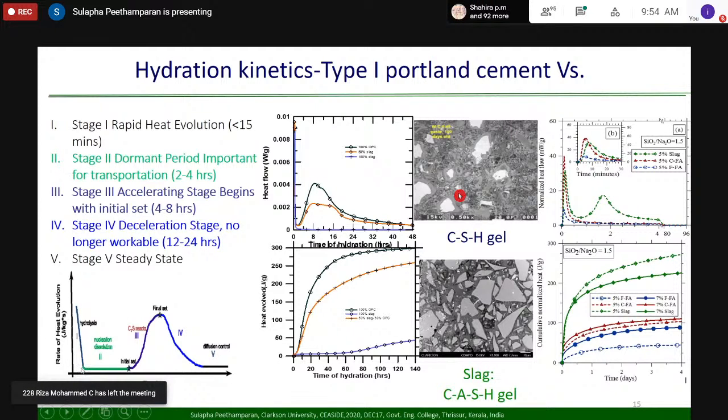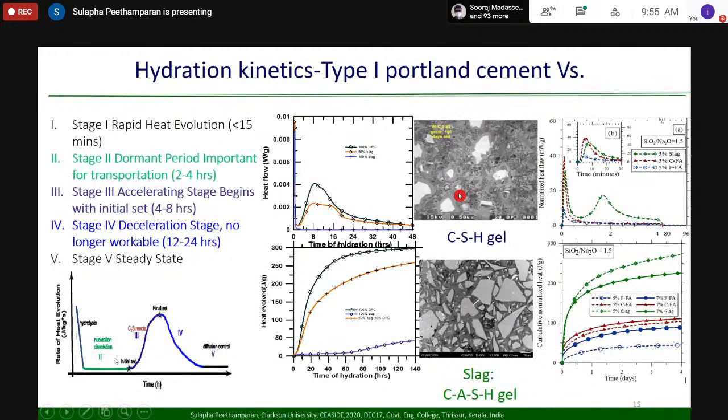Then you have a very flat region in your hydration curve, which we call the induction period. Then you see an acceleration stage, starting with the initial set of your cement, ending at the final set of your cement or concrete, and then it slows down. This is called the deceleration stage.